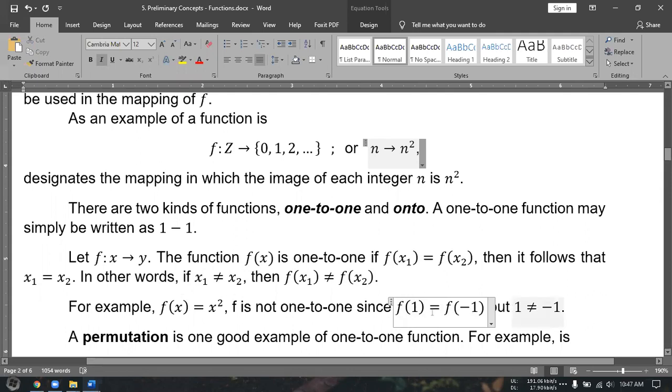Pero using this function, if we substitute 1 and negative 1, 1 squared is 1, negative 1 squared is 1. Meaning to say, f of 1 is the same as f of negative 1. Pero we clearly see that 1 is not equal to negative 1. Therefore, this is not a one-to-one function.